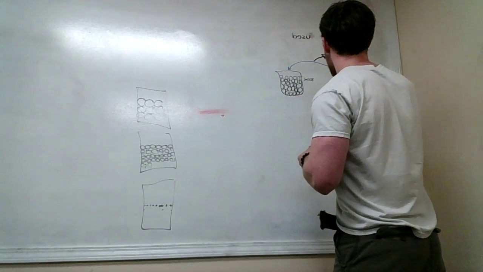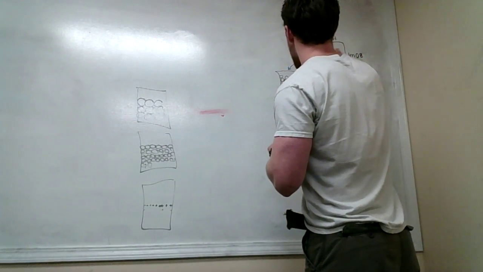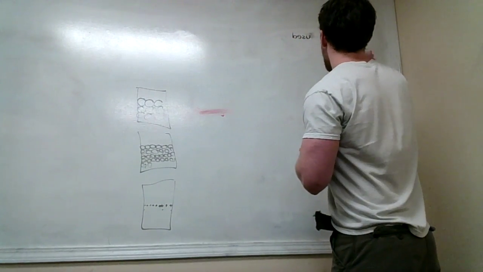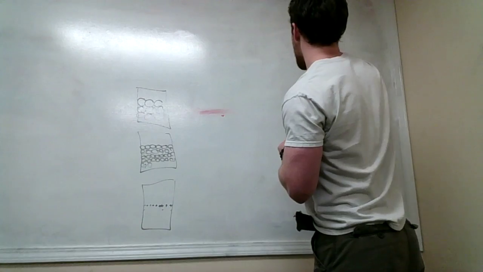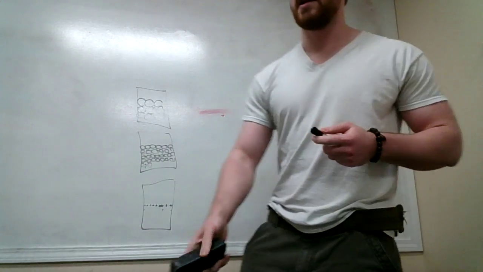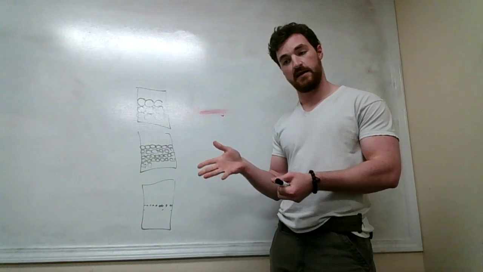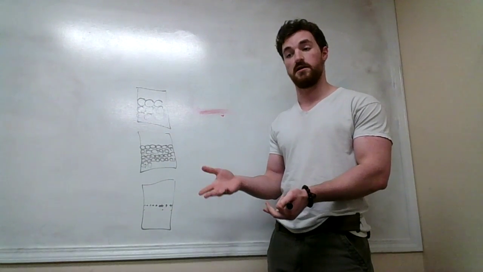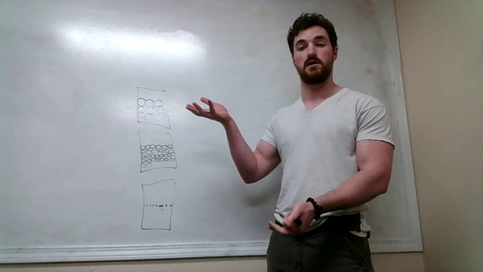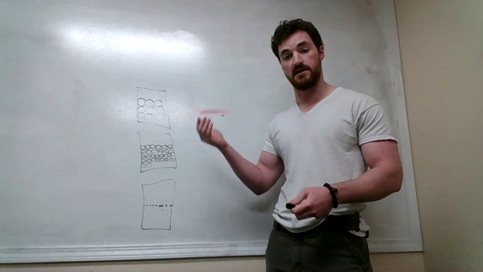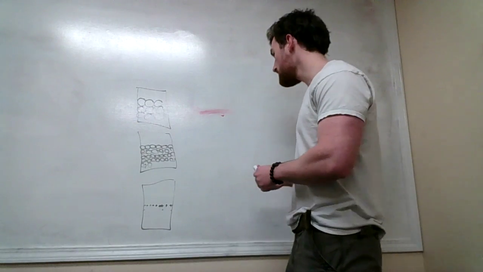Henry Darcy first quantified it with a very simple experiment where he took columns of loose sand, like you would find at the beach, and he flowed water through it. It didn't have any applied pressure other than the pressure of the atmosphere on top. It was as if you filled a graduated cylinder with sand and then poured water through it.